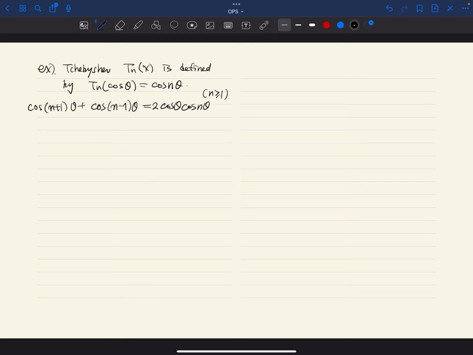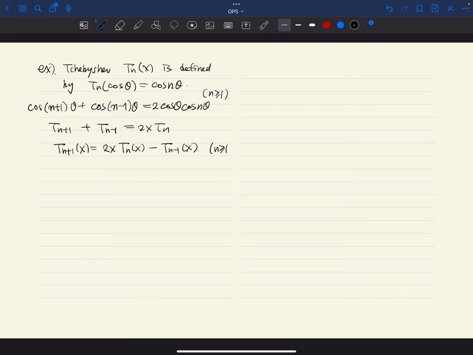So that means T_{n+1} plus T_{n-1} equals, this is x, right? So 2x Tn. That means T_{n+1}(x) equals 2x Tn(x) minus T_{n-1}(x). This is not monic because 2 is multiplied there. So this is for n greater than or equal to 1.